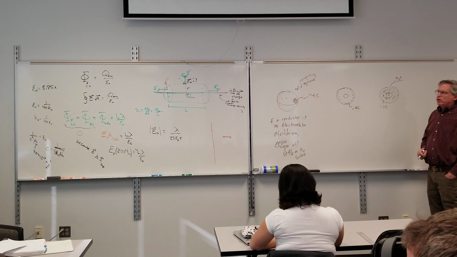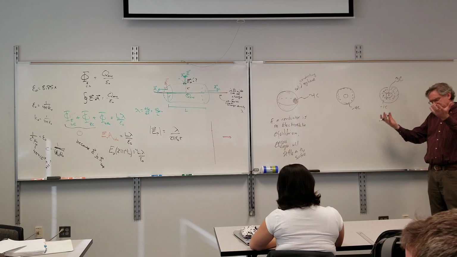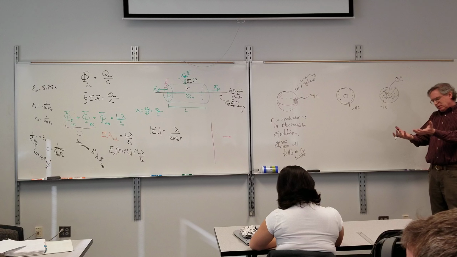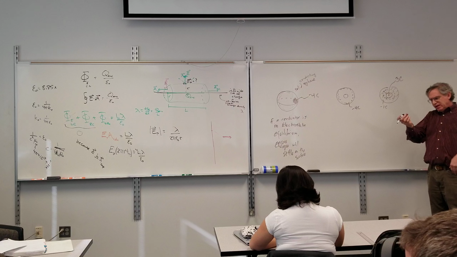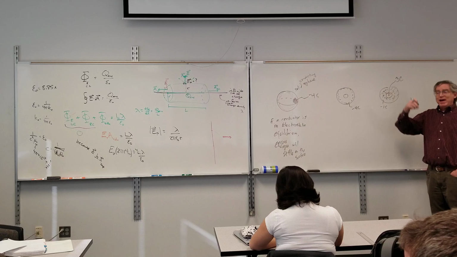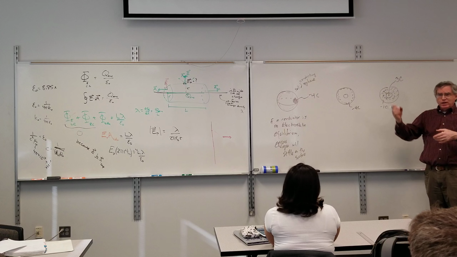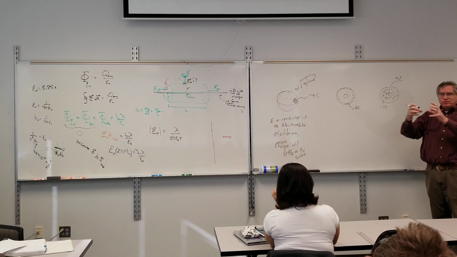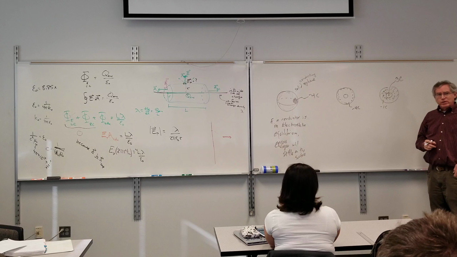We showed earlier when dealing with forces that if I have a sphere with spherically symmetric charges, on the outside I can treat it as a point charge, but if I'm inside, the force on the particle is zero.